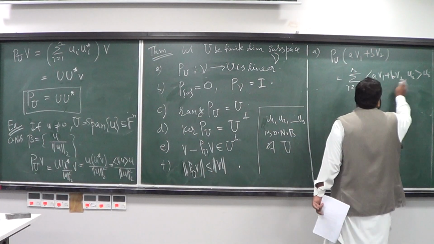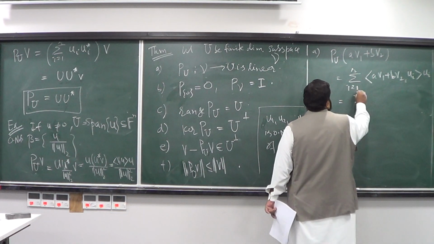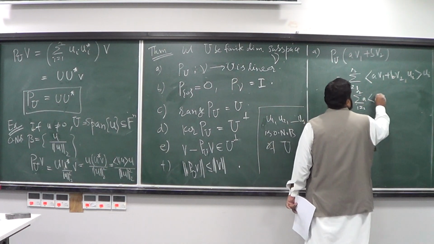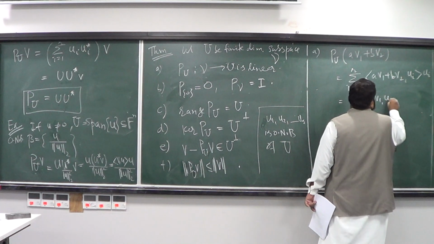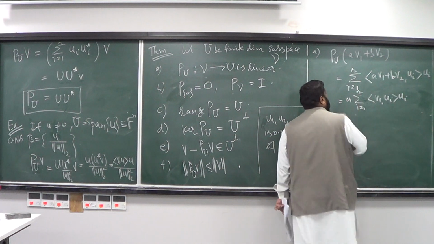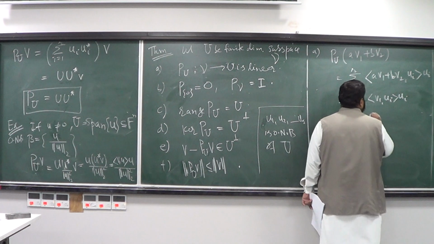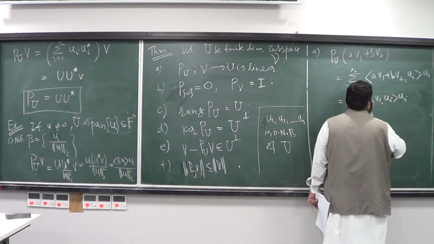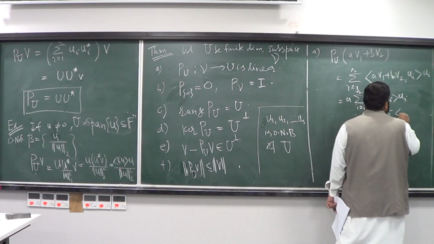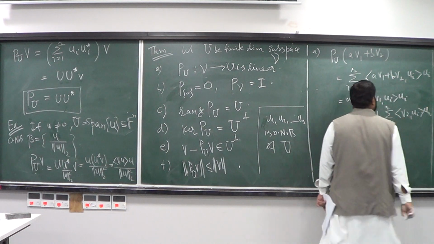You can simplify this. I can break this inner product out, take a outside of the sum, so you get a times the sum over i equal to 1 to R of the inner product of V1 with Ui, times Ui, plus I can do the same for b, the sum from i equal to 1 to R of the inner product of V2 with Ui, times Ui.